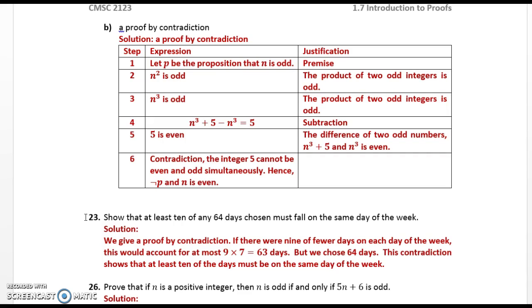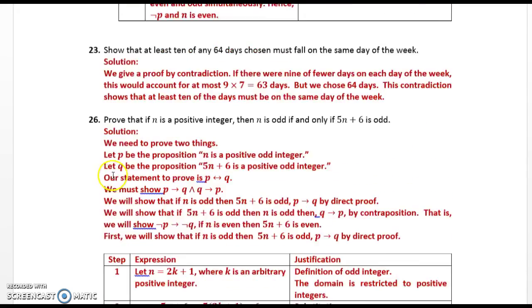And we know that 5 is even because the difference of two odd numbers, n cubed plus 5 and n cubed, is even. This is a contradiction. The integer 5 cannot be even and odd simultaneously, hence not p and n is even.